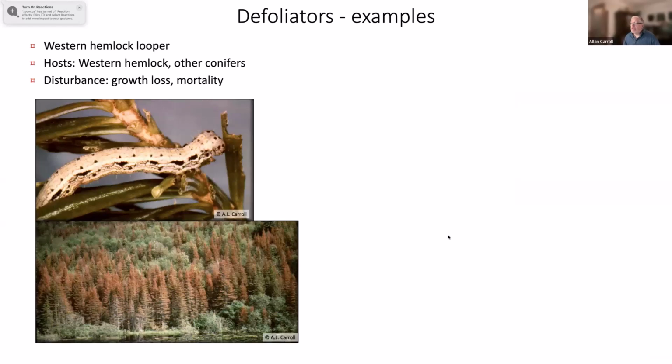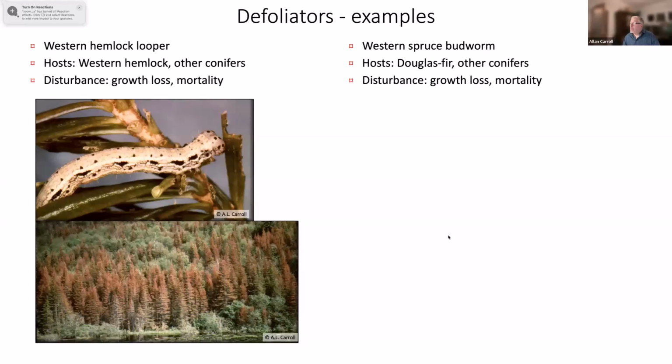Okay, let's look at a couple of examples of these. The first is the Western hemlock looper, and I did say a moment ago that you guys might be well familiar with this given the impacts it's caused at Stanley Park and across the inlet up in behind the Vancouver water supply. It likes Western hemlock trees. It can defoliate them very quickly and extensively, and actually, as a consequence, cause both growth loss and tree mortality.